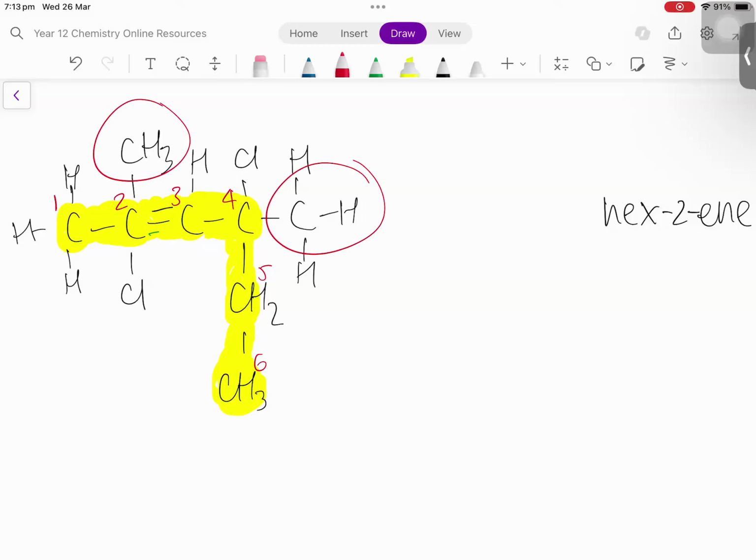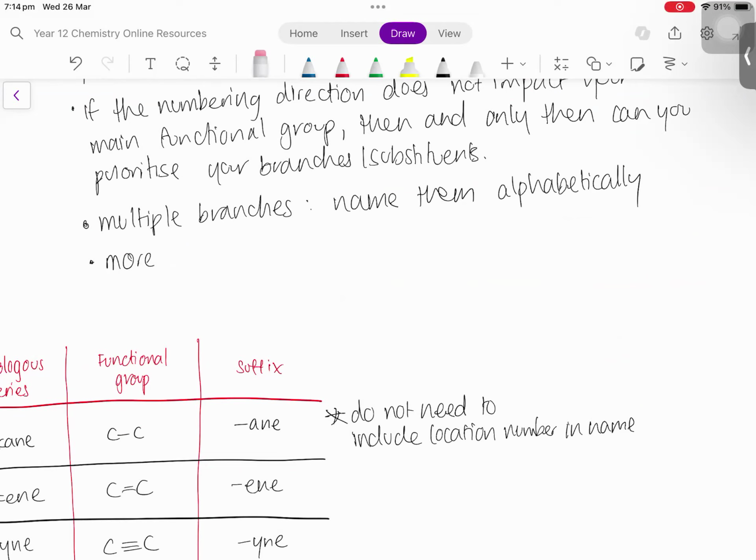Now, I'm gonna add an extra note here. Okay, so all of your steps are done. You've got all of your branches, but there's a few things to say about the branches. If you've got multiple, so this previous one was multiple branches of any kind.